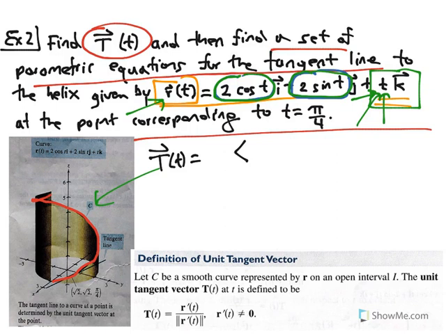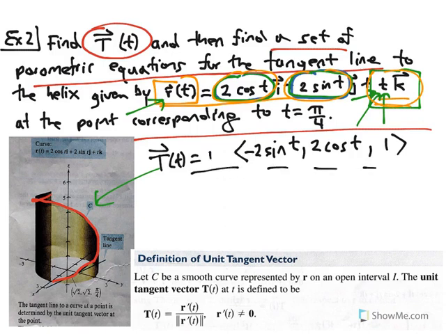I will differentiate the vector r of t component by component, and that will give me the derivative of cosine is negative sine, so I have negative 2 sine t. The derivative of sine is cosine, so I have 2 cosine t, and the derivative of t is 1. And of course, I need to multiply that by 1 over the magnitude of this vector.